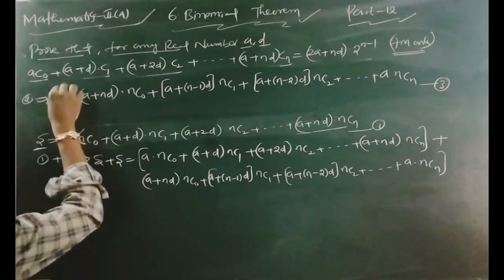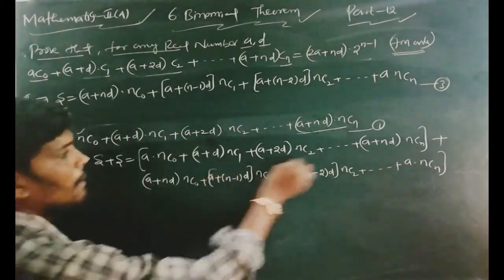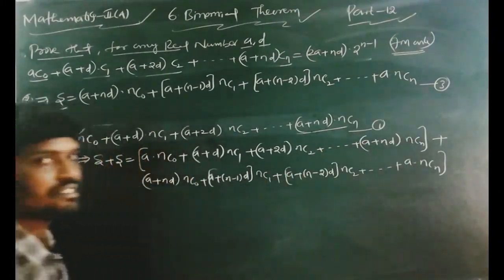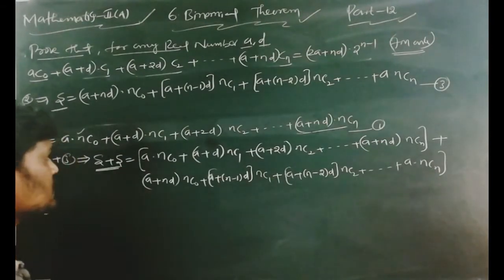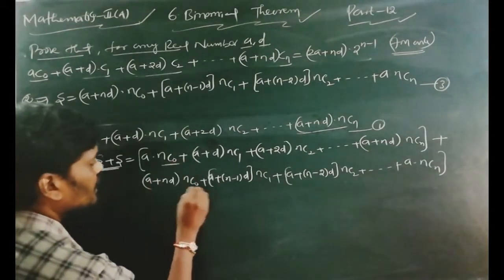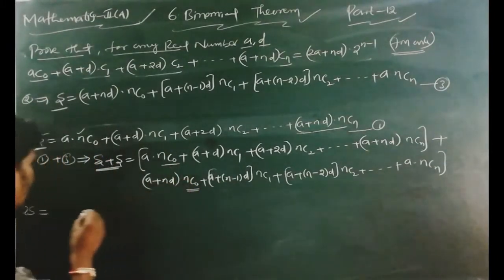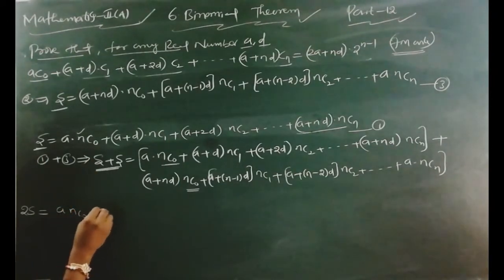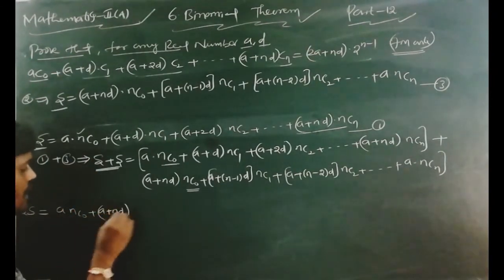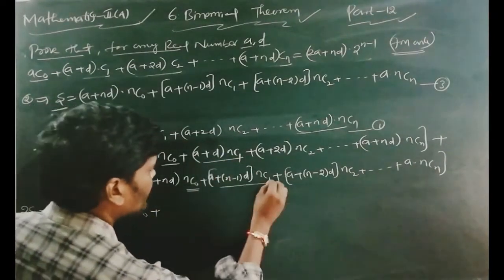You can add the LHS part S plus S, and the RHS part of equation 1 plus the RHS part of equation 3. S plus S is nothing but 2S. Next, here nC0 is there, here nC0 is there. Which one is common in these two terms? nC0. You can write a into nC0 plus (a plus nd) into nC0, plus here nC1 is there, here nC1 is there.